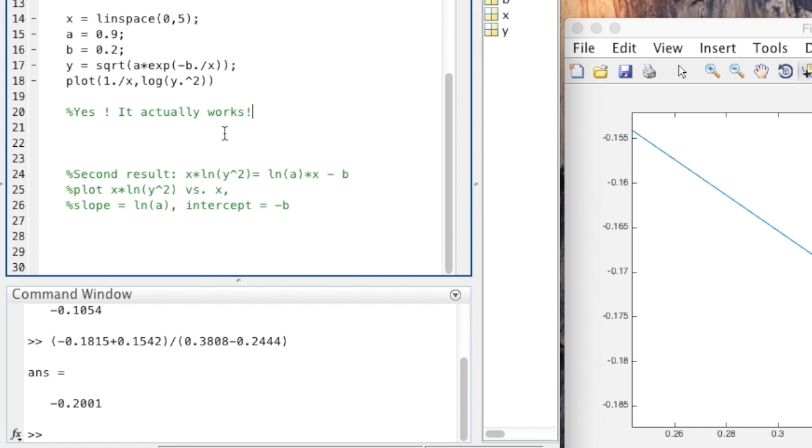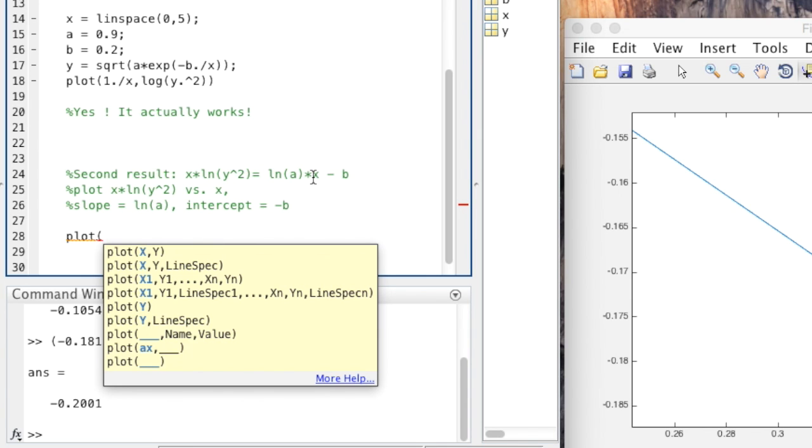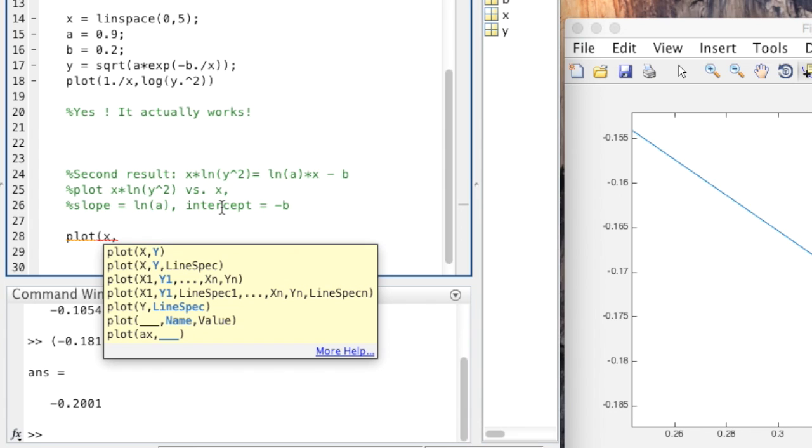Okay, and since we already defined our x, a, b, and y values, to verify our second result, we can go straight to plotting. And we said that we would plot x times natural log of y squared versus x, so let's type that in. First the x values and then the y values.